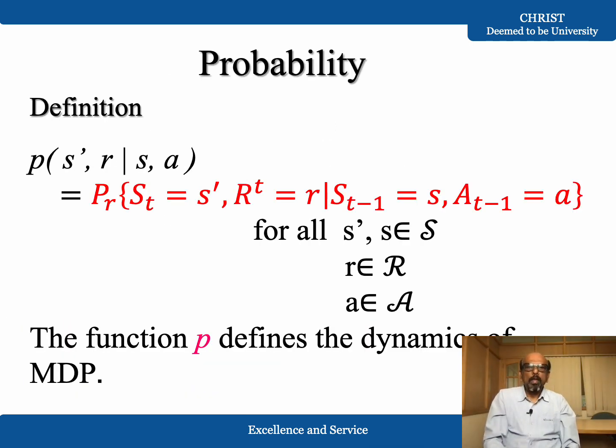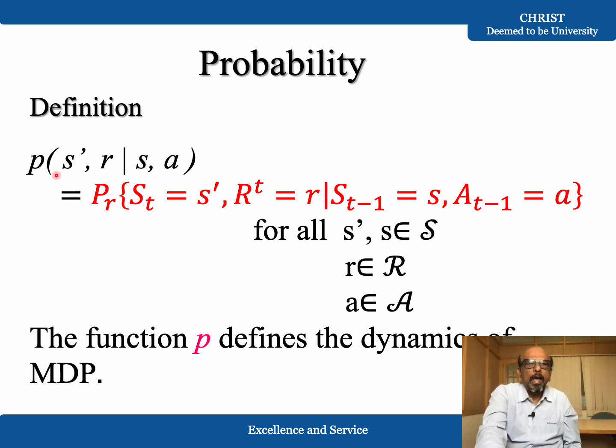Now, there is also a probability attached. For every state, when you are at a particular state, if you choose an action, you will reach another state, S dash.